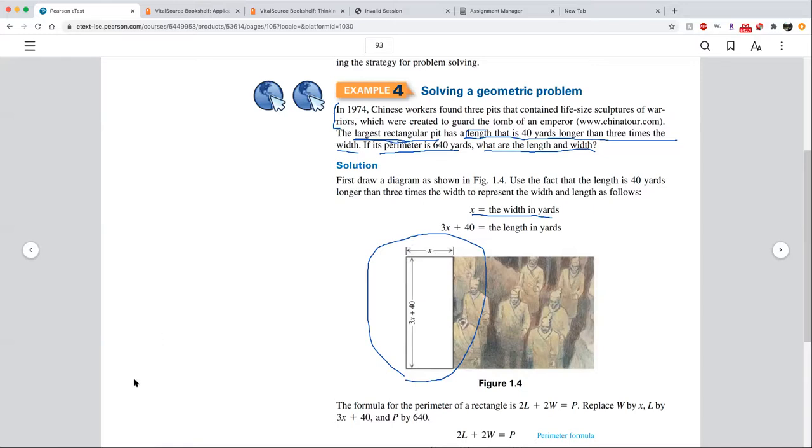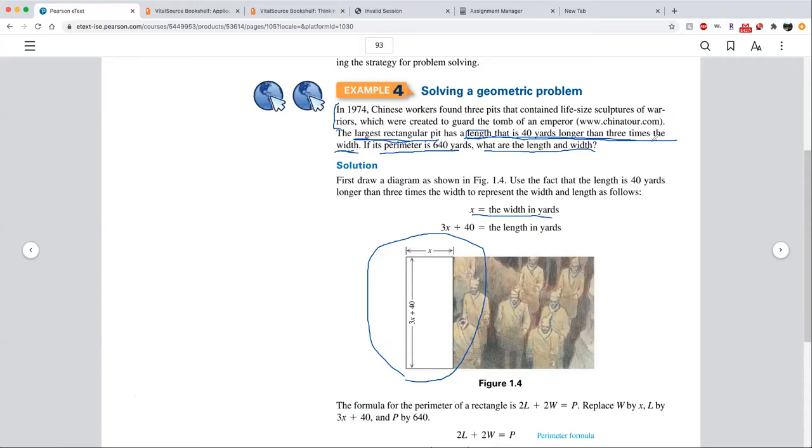You see here the length is 40 yards longer than 3 times the width. So we need to figure out the mathematical expression of this.